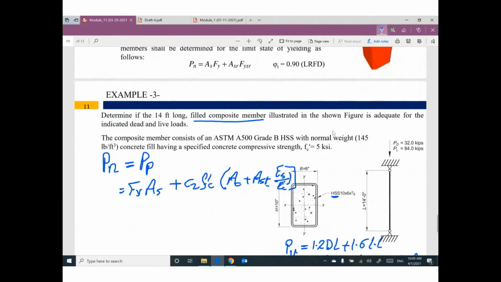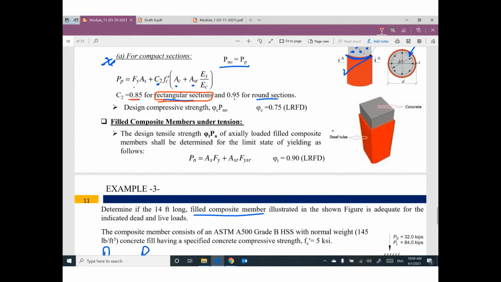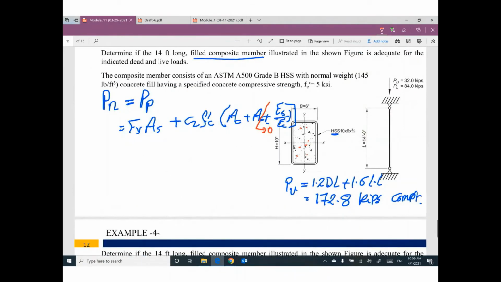My question is, do you think we have steel reinforcement inside the column? No. So this term will be 0. What is the shape of the column? It's a rectangular shape, so for a rectangular section, C2 equals 0.85. So your equation becomes Pn equals Fy times As plus 0.85 f'c times Ac. That's all.